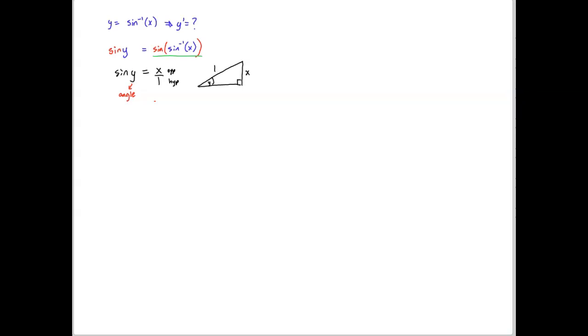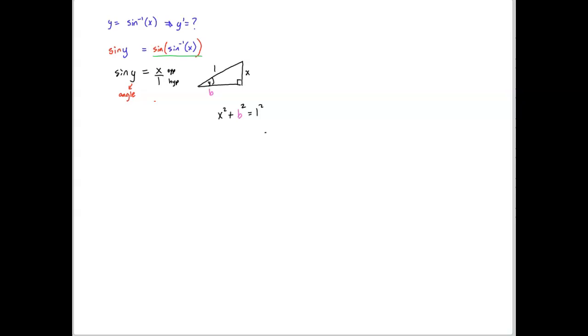Well, I could then come up with an expression for the third side of that triangle by using the Pythagorean relationship. Let's say I call that side b. Do you agree that x squared plus b squared has to equal the hypotenuse squared? Because it's a right triangle, right? So let's just solve for b.